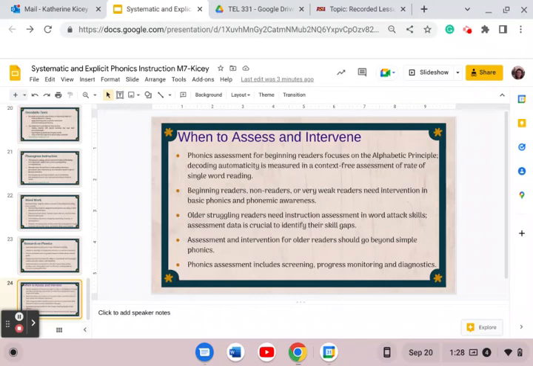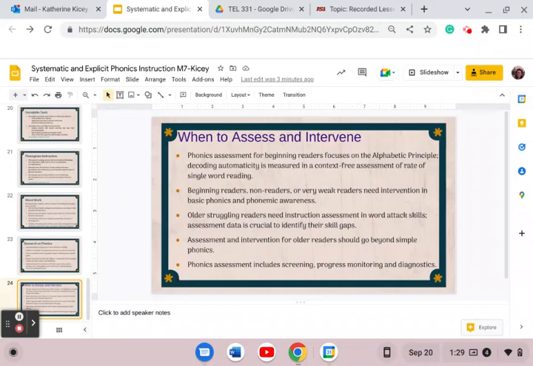And that is mostly done in DIBELS. Beginning readers and non-readers are very weak readers and need intervention in basic phonics and phonemic awareness. If children are not reading, if they're just starting the process of reading, or if they're struggling and they're older children, they need to come back to phonics and phonemic awareness, and they need to have it taught to them in an explicit way.